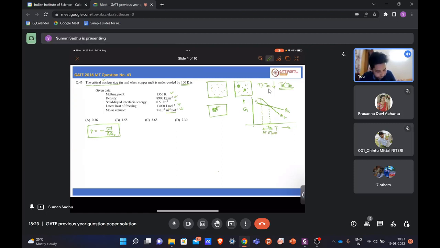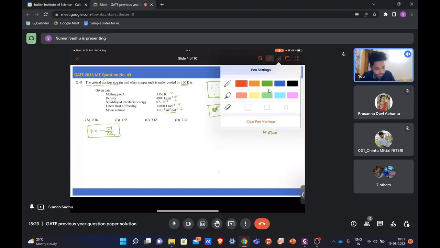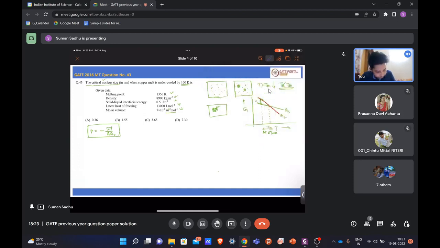Let's say this red line is for the liquid, and this line is for the solid. The difference between these two at this temperature is delta G. This is the driving force for the solidification.